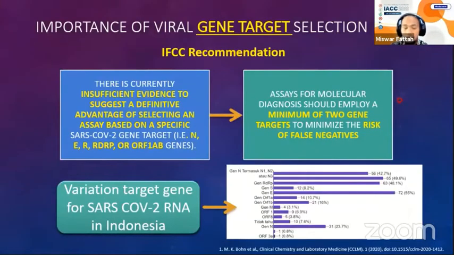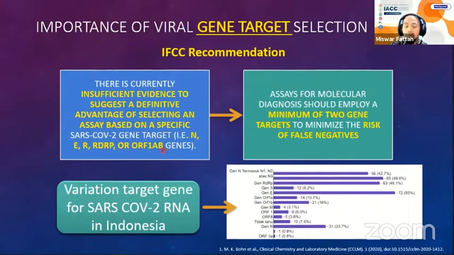Based on the many gene targets we discussed before, the IFCC already has a recommendation about gene target selection. Based on evidence, there is currently insufficient evidence to define a definitive advantage of selecting an assay based on a specific SARS-CoV-2 gene target, like E and RdRp or ORF1ab gene.